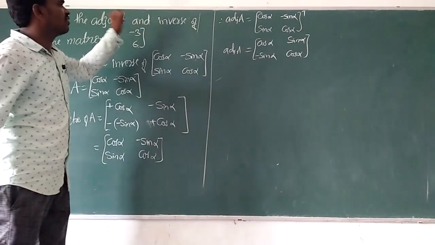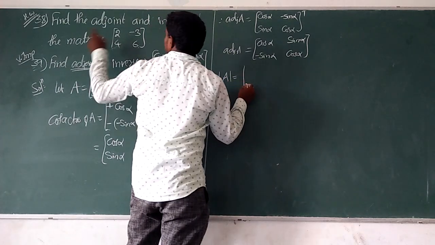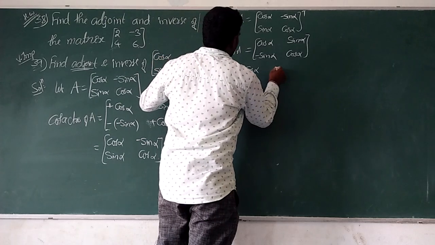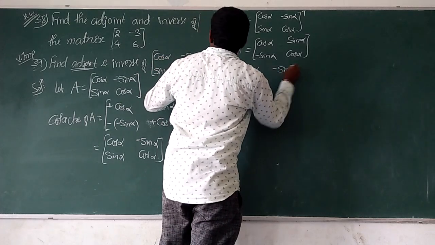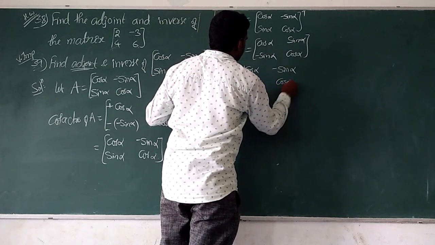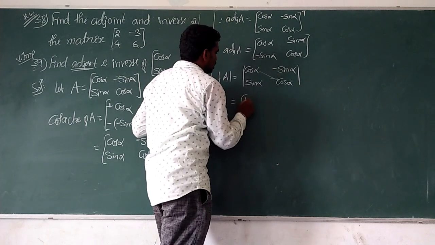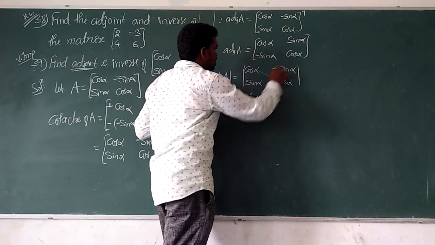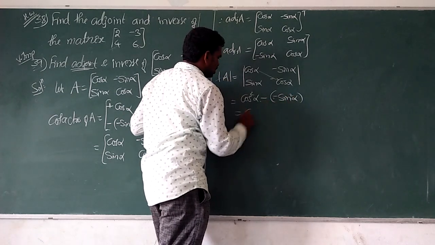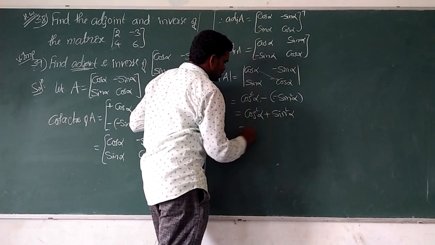Next, how to find the inverse? First find the determinant of cos alpha, minus sin alpha; sin alpha, cos alpha. By cross multiplication, cos alpha into cos alpha gives cos square alpha, minus sin alpha into sin alpha, minus into minus is plus, so you get cos square alpha plus sin square alpha. So this is equal to 1.